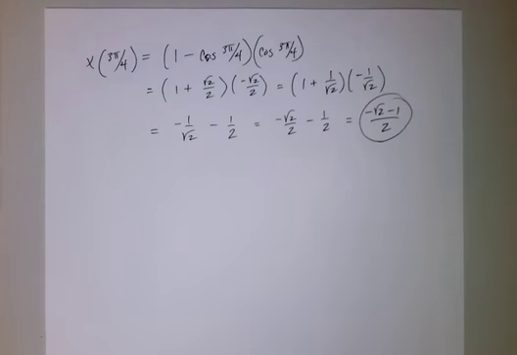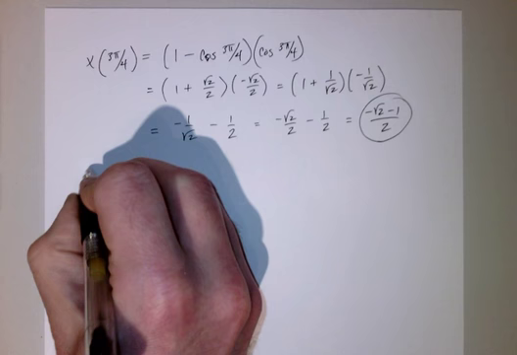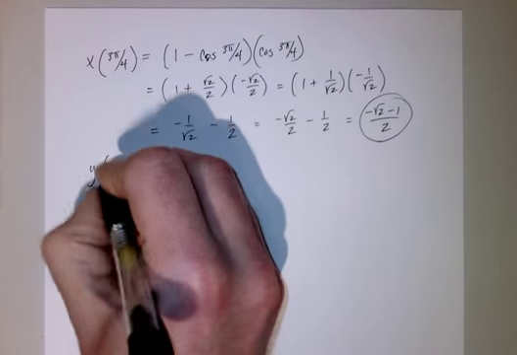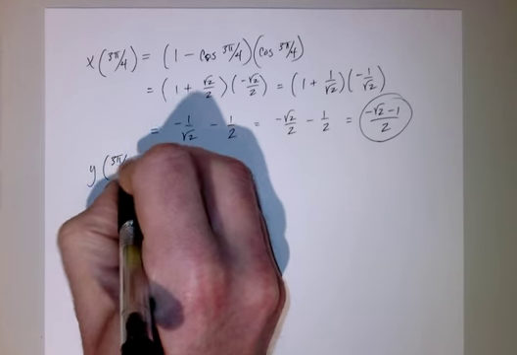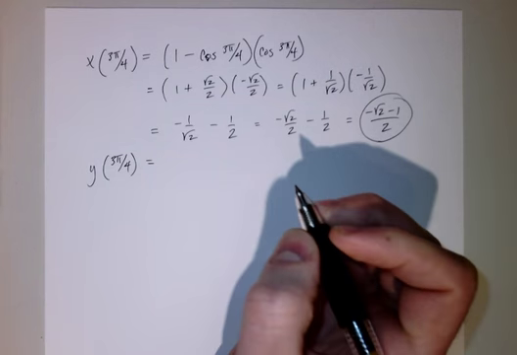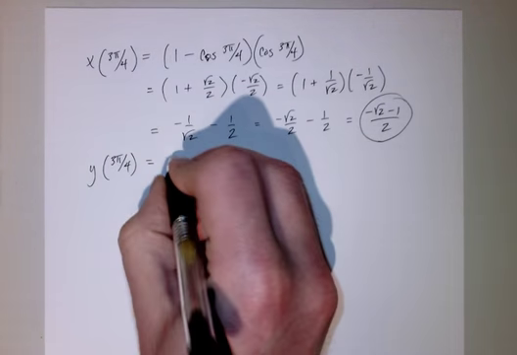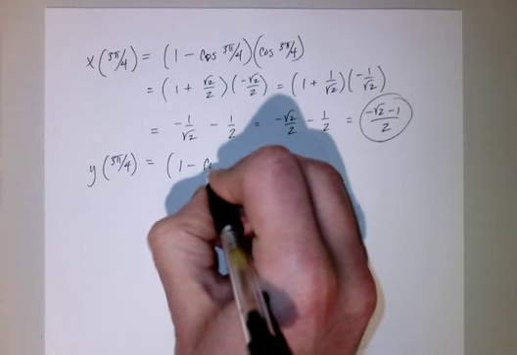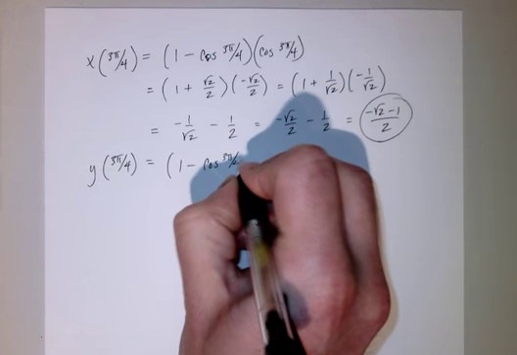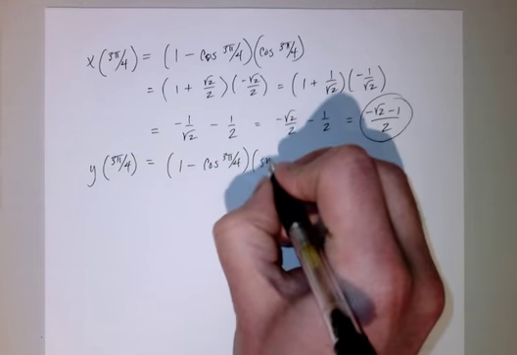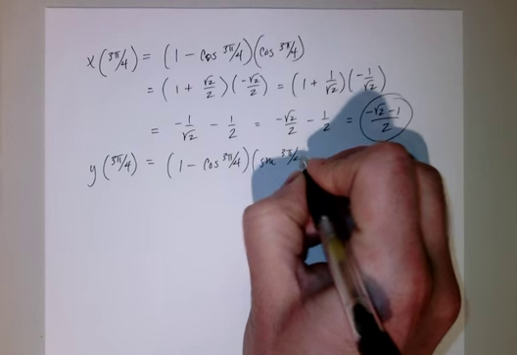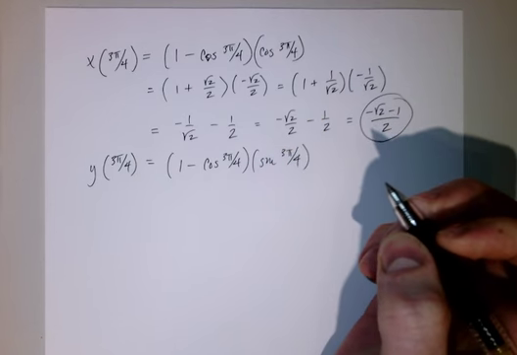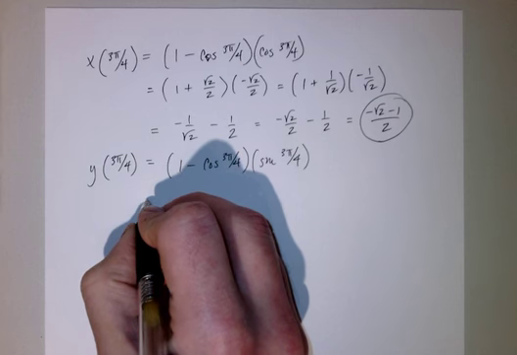So it's not pretty, but it's workable. And so we have y of 3 pi over 4, and that's not going to be much prettier, but it's going to be 1 minus cosine 3 pi over 4 times sine 3 pi over 4. So we're using the original x and y parametrics in order to find the ordered pair.